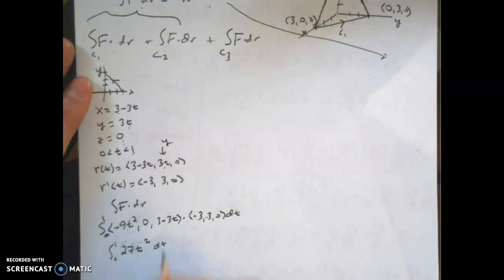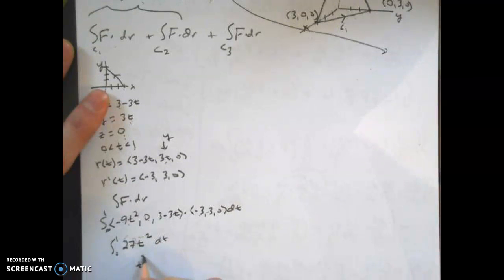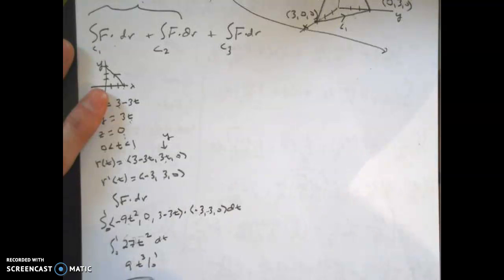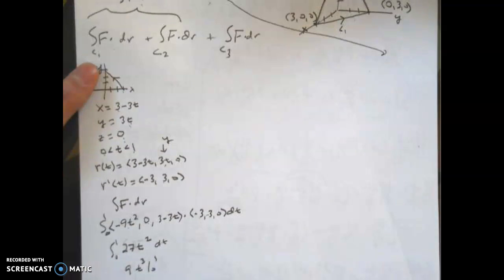So dt, I get 9t cubed from 0 to 1, and what I get is 9.